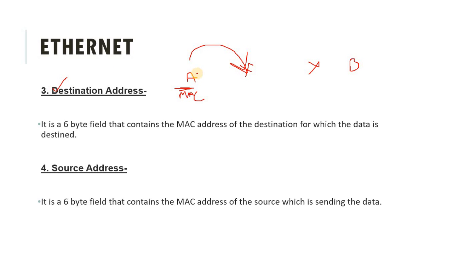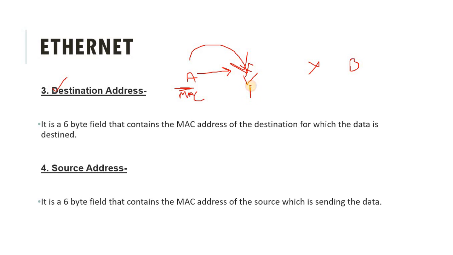Now when it sends data from here, one parameter is used, which is the destination address. The destination address is the next hop address to which I want to send data. What is the next router I want to use? The address of that next router is the destination address.